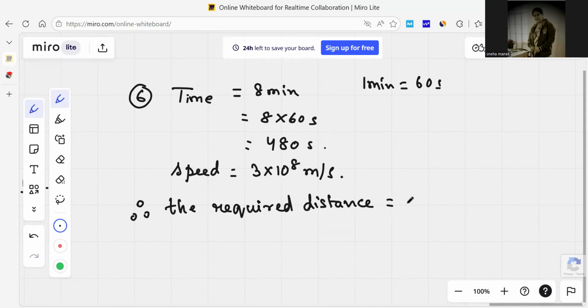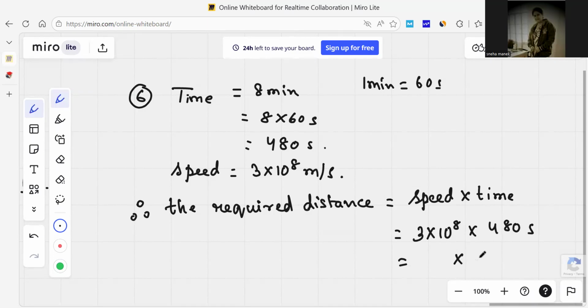We know the formula for distance equals speed into time. So speed is 3 into 10 to the power 8 and time is given 480 seconds. So I can directly write 10 to the power 9 and 48 into 3. So 8 3s are 24, 4 3s are 12 and 4. So 144 into 10 to the power 9 seconds.